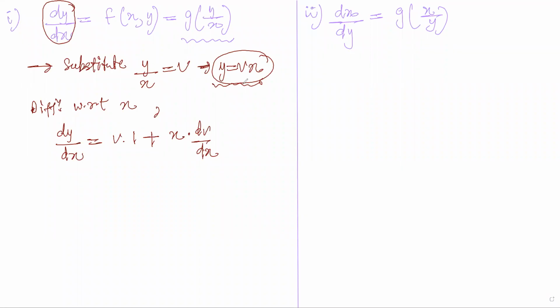Hence you have to apply the product rule. Otherwise, if v were a constant, the differentiation would be v only. But v is also a variable, so vx would be v into 1 plus x into dv by dx. Hence you have to apply these two substitutions.